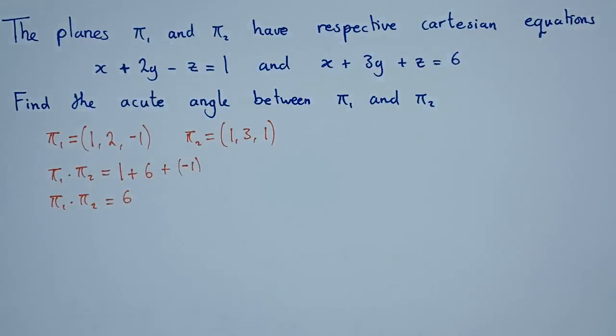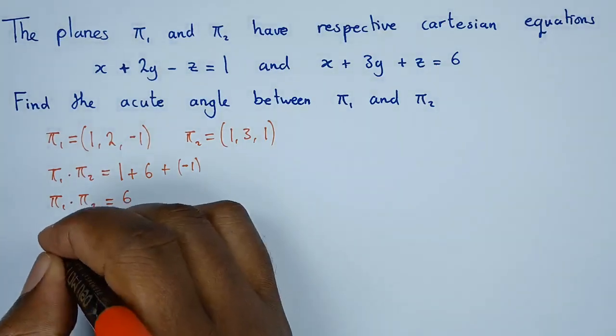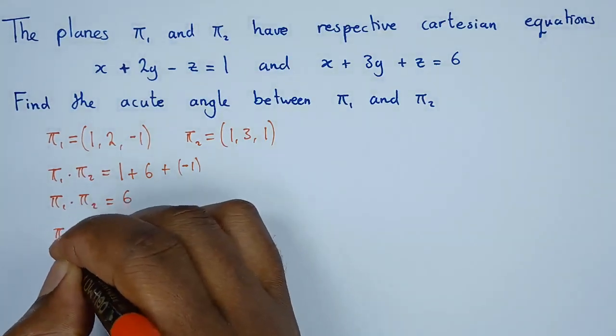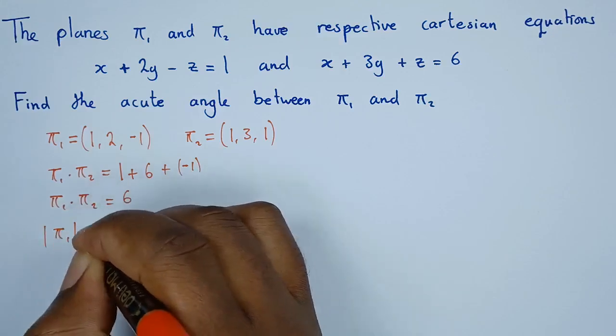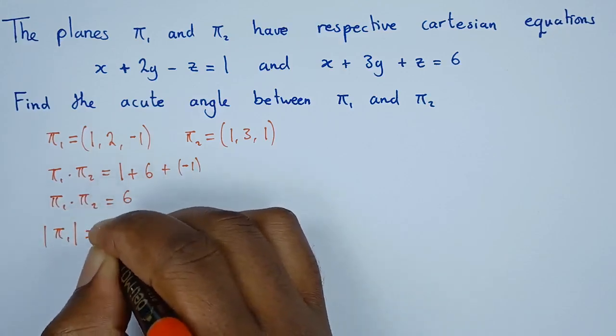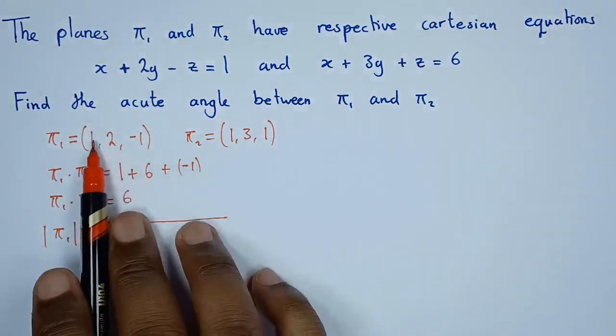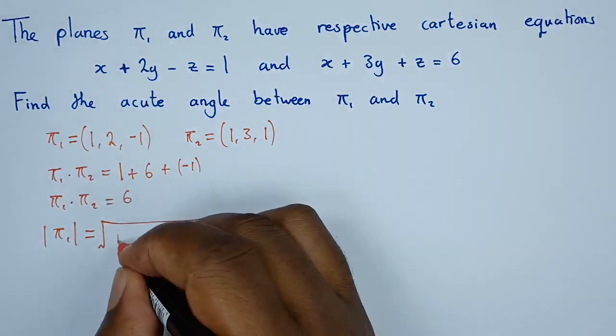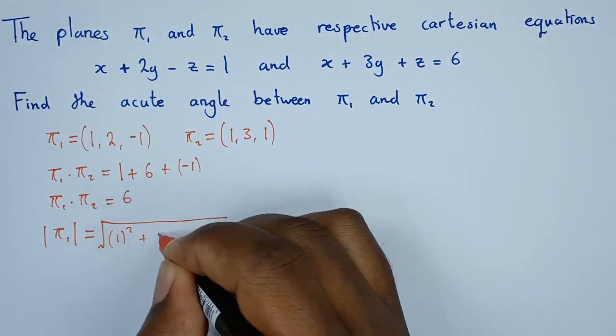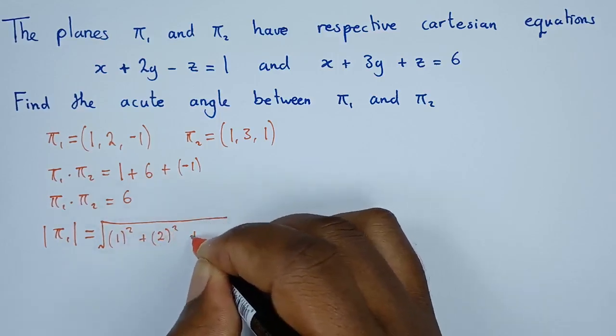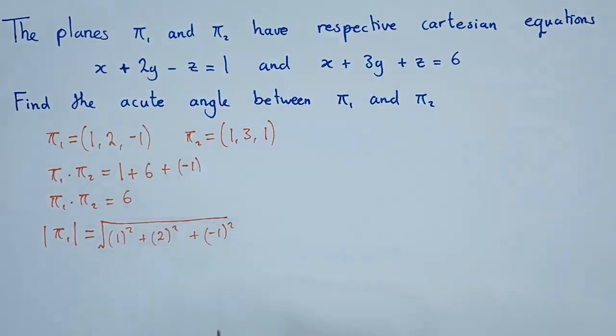Now let's find the individual magnitudes. So the magnitude of pi 1 is given by the square root of the square of everything that we have here. That is 1 squared plus 2 squared plus -1 squared.